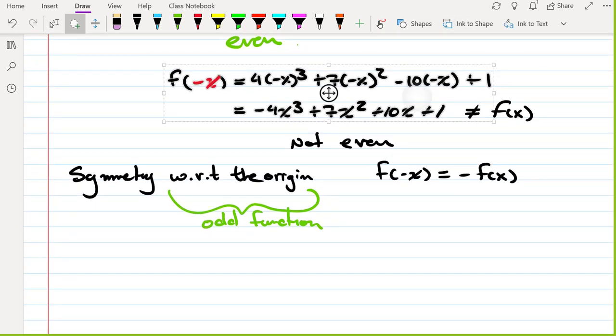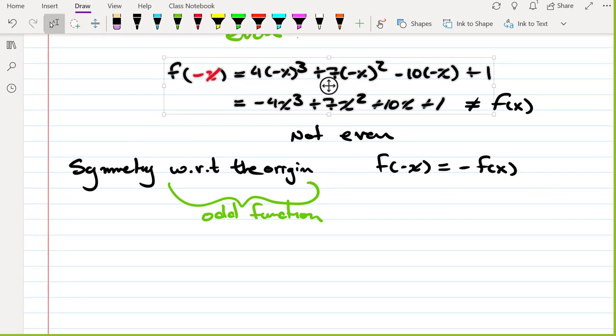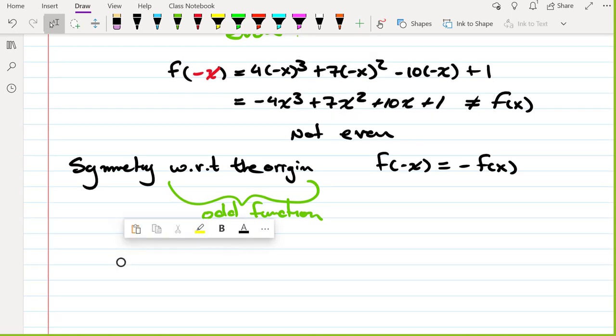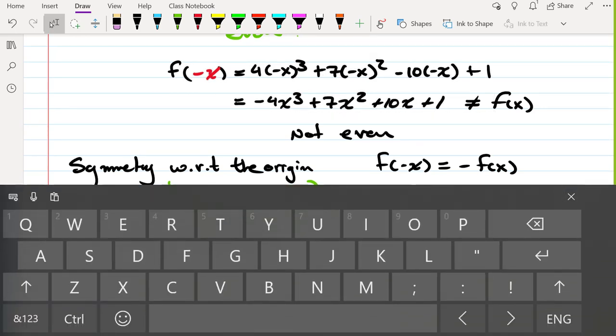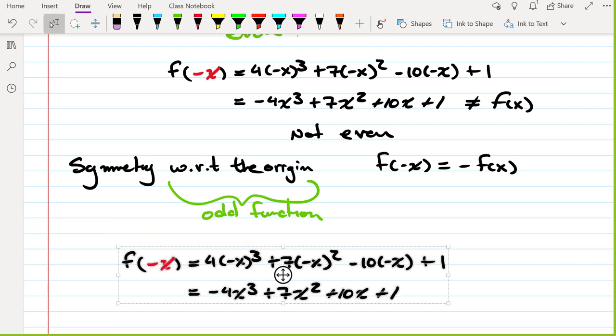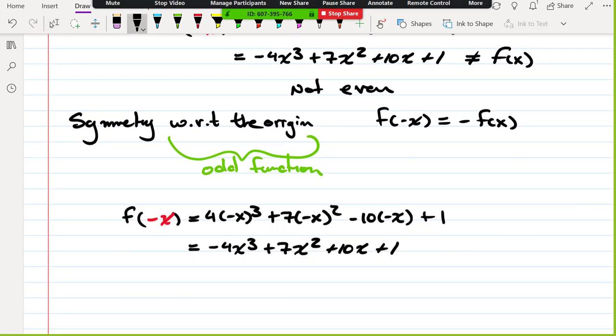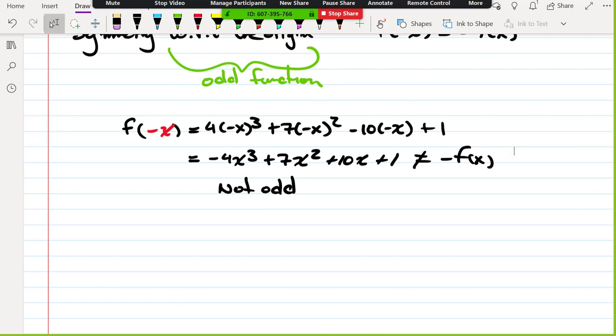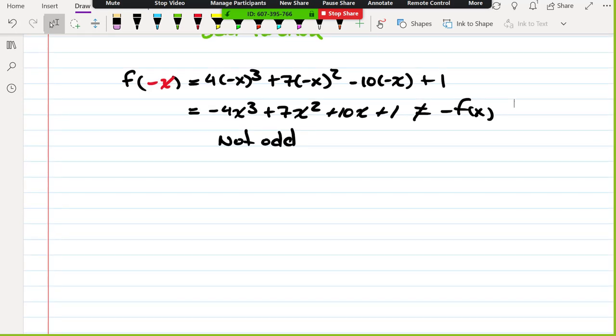So now the question is, is this the same as negative f of x? And the answer once again is no. So then this does not equal negative f of x, so it's not odd. So this graph has no symmetry.